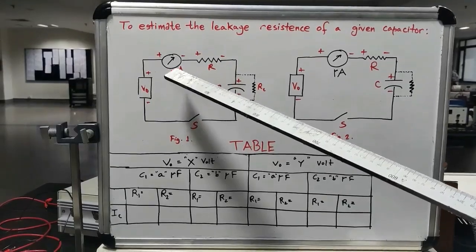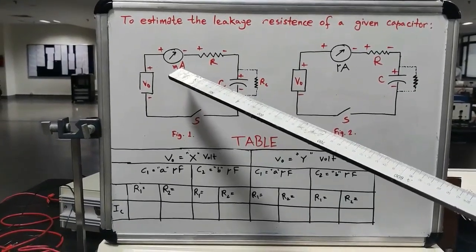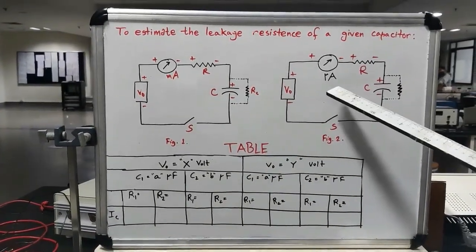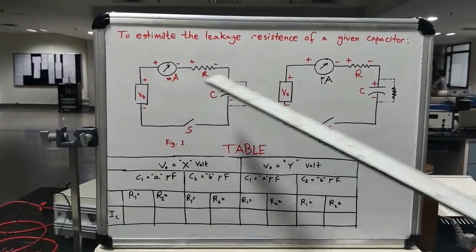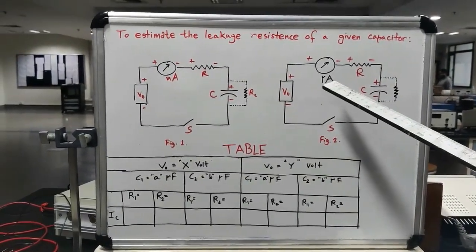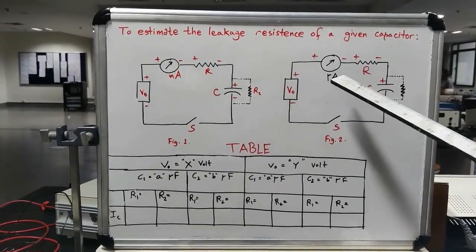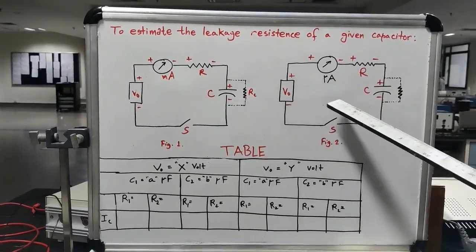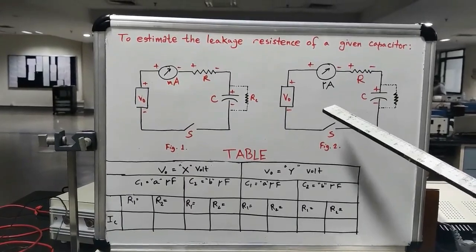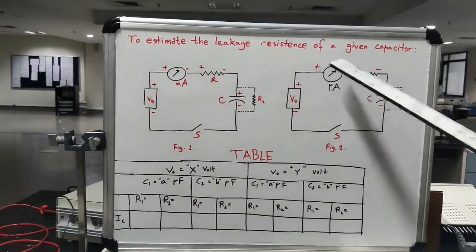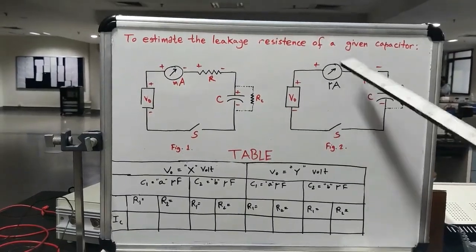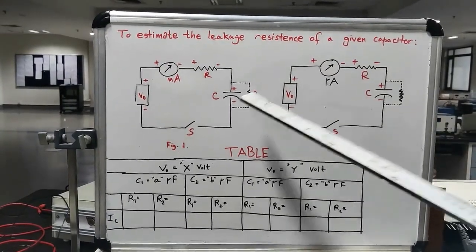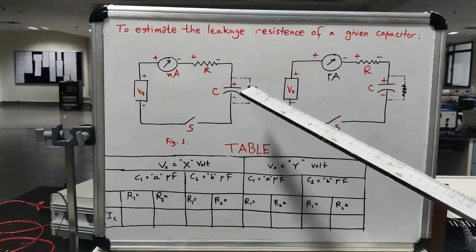When it shows a zero reading in the milliammeter, you have to replace this milliammeter by a microammeter. Although the milliammeter shows a zero reading, the microammeter will show some readings of the order of 10 to 20 microamperes, with fluctuations around it depending on the resistance and capacitor you have arranged in a particular setup. After this, you have to calculate the current IC around this microammeter, which is called the leakage current, and from that you have to evaluate this leakage resistance RC from the calculation, which I will show later.